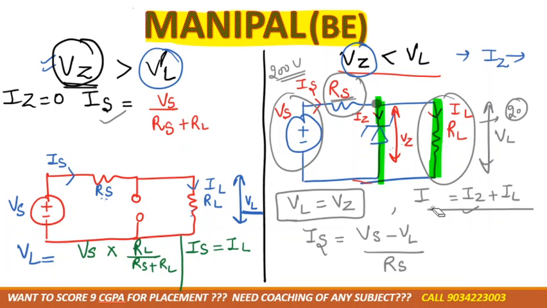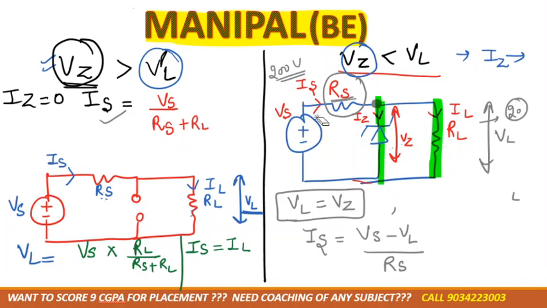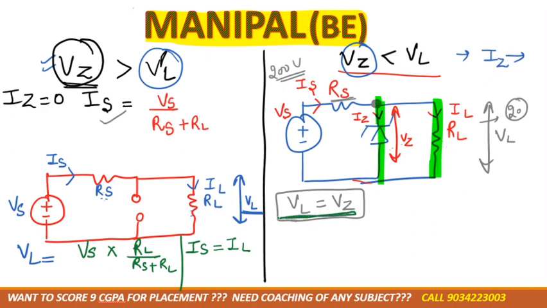Okay, this is the Kirchhoff current law which you have studied in BT. I am assuming that you know BT. I am telling you again. This one you understood? How does VL become equal to VZ? Because here is VZ, the voltage across the zener, and here is VL, the voltage across the load resistance.